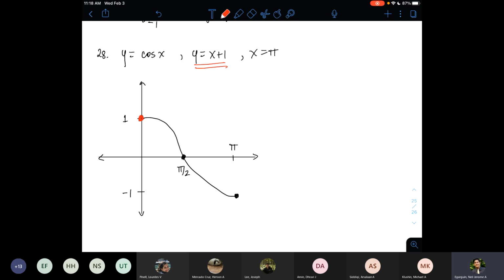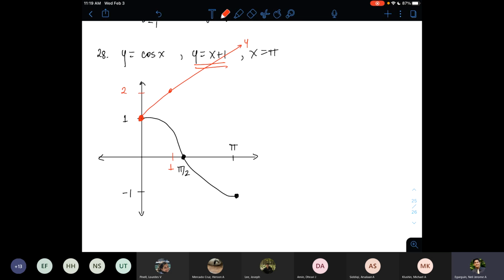You can give any special value that you want. When x is equal to 1, which is over here, right? Pi over 2 is approximately 1 point something. So 1 is here. When x is equal to 1, y is equal to 2. So basically, that's how the graph will look.